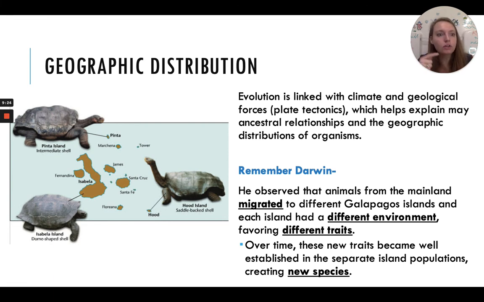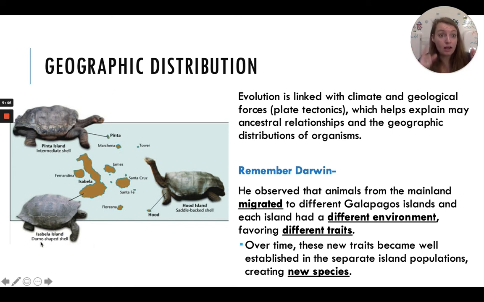And then over time, those traits became really well established in the different populations on the island. And then, remember, if we put them back together and they can't breed, they're a new species. Or if they're so genetically different, they're a new species. So here we've got our three different tortoise species.